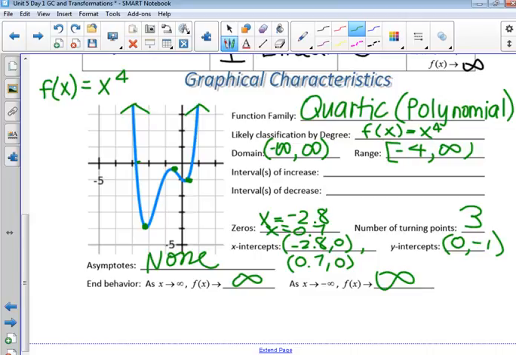Good? Alright. Interval of increase and decrease. This is where most of us have problems. Okay, so I'm going to take it kind of slow. From left to right. We're going to follow the graph and determine if it's increasing or decreasing. So from here, decrease.